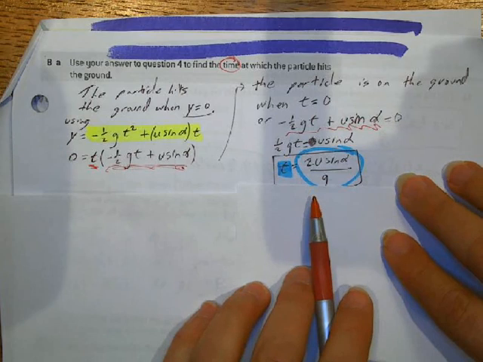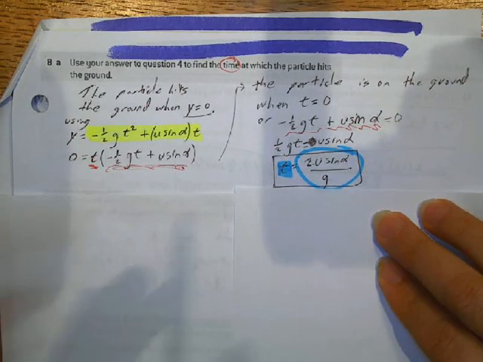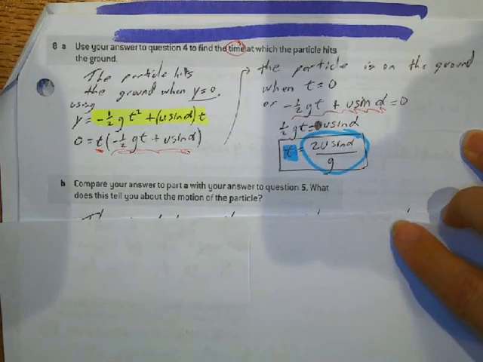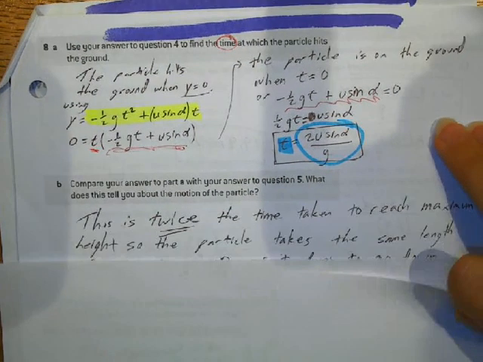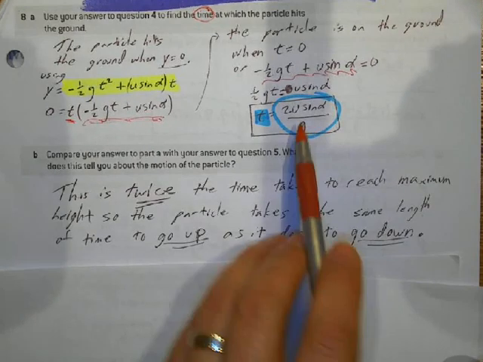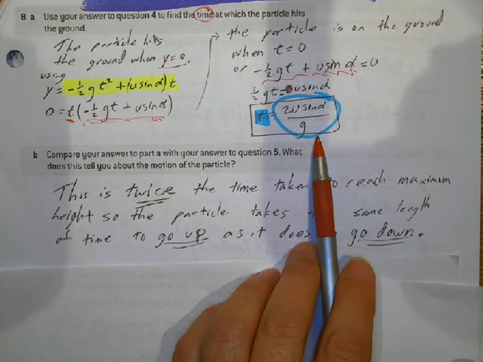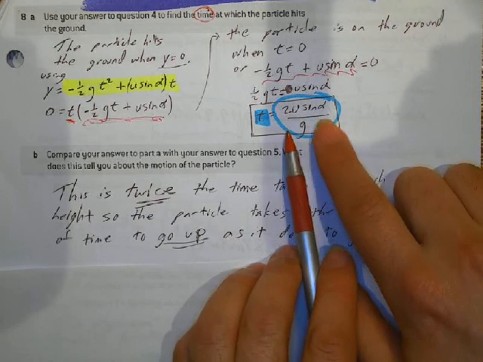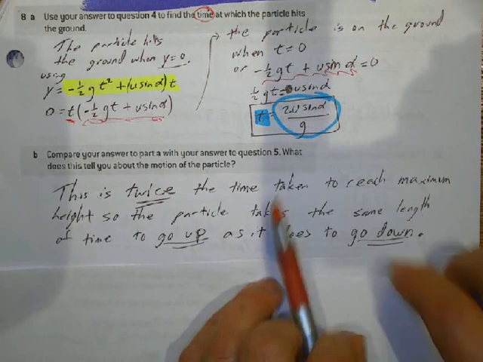Now, this should look familiar because we just calculated the time to get to the maximum. And you're going to notice that this is twice our answer from the earlier part. Notice it's 2u sine alpha over gravity.